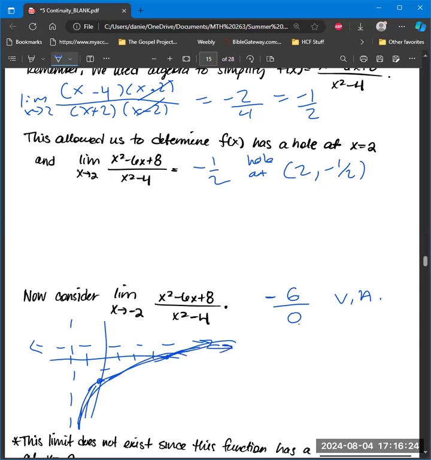And then we have another piece that's going to be up here. And so we see this vertical asymptote here with the graph going down to negative infinity from the right and up to positive infinity from the left, I think is what's going on.